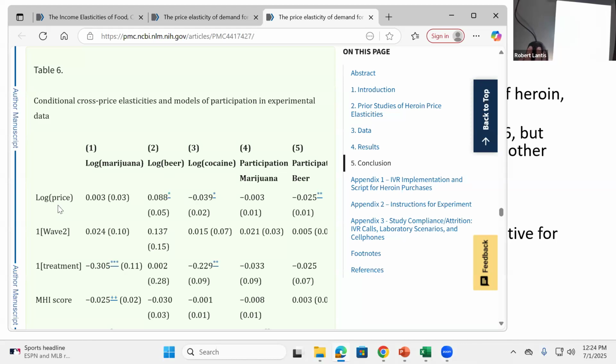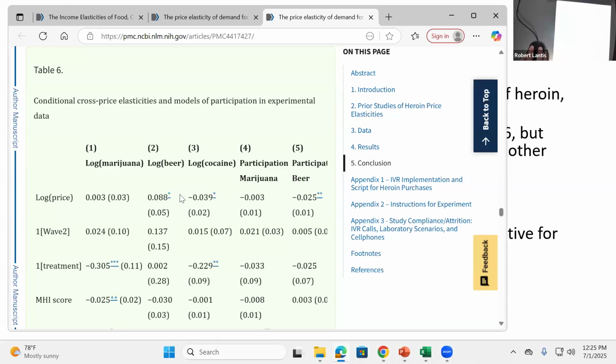That means when the price of heroin goes up, people actually purchased less cocaine. Anytime we have these move in opposite directions, a negative cross price elasticity, we said this would represent that they're complements. So cocaine and heroin here, I don't know the story. Admittedly, I'm not a user of heroin or cocaine, so I wouldn't know why these are complements.